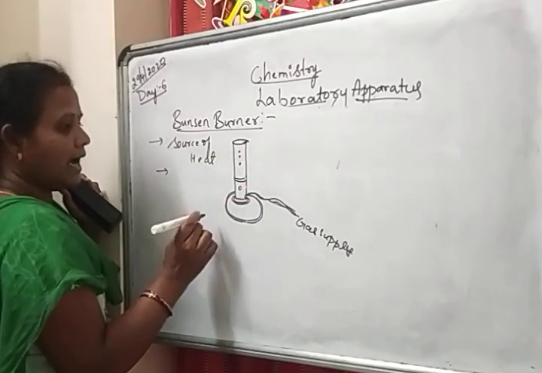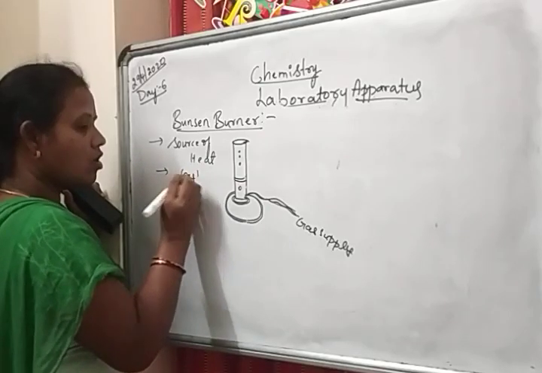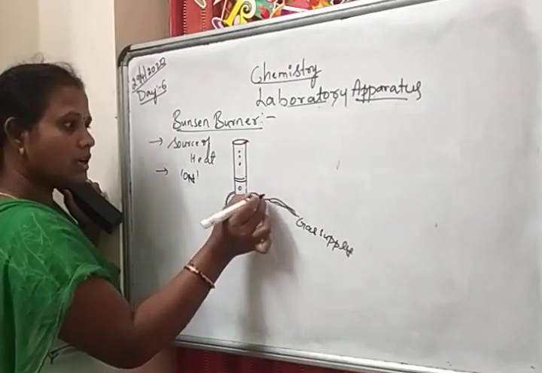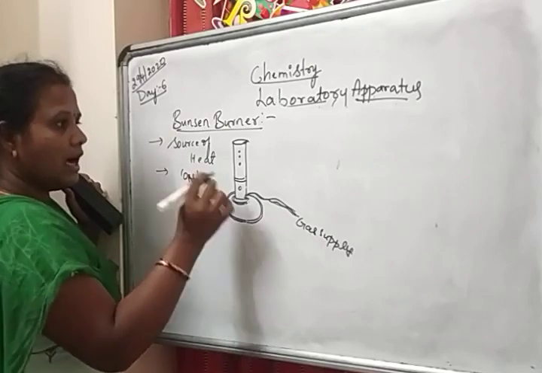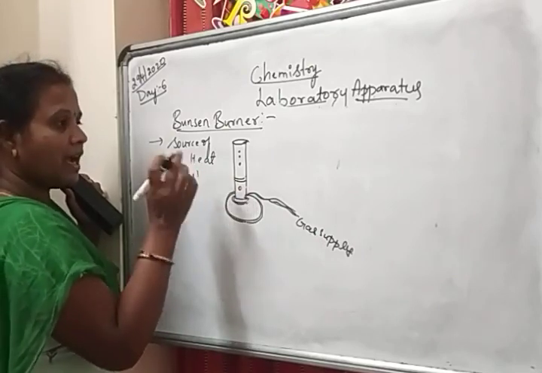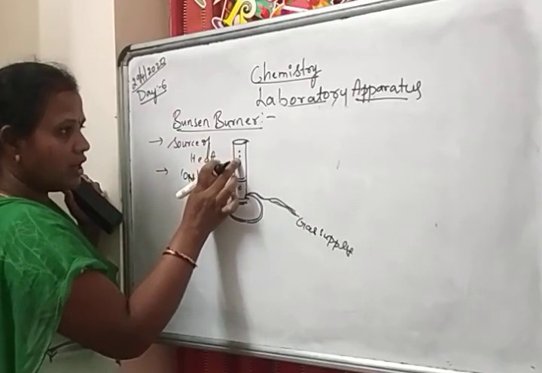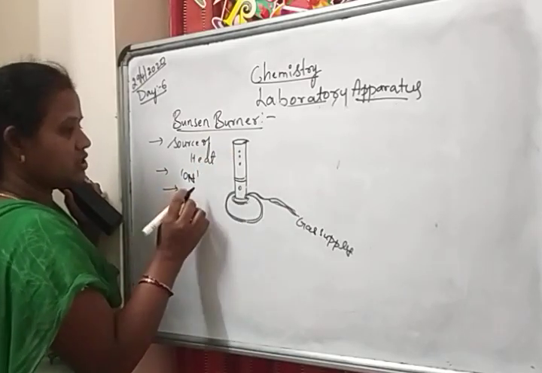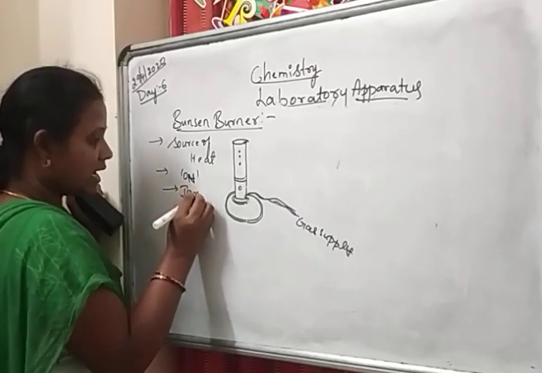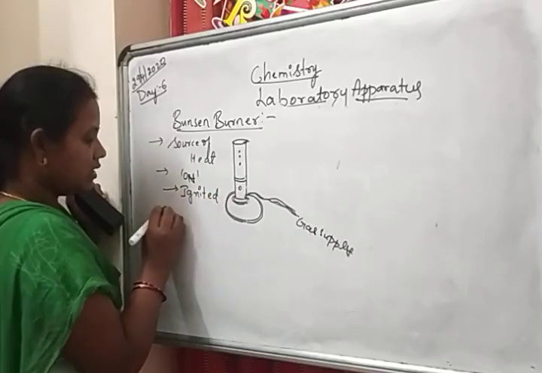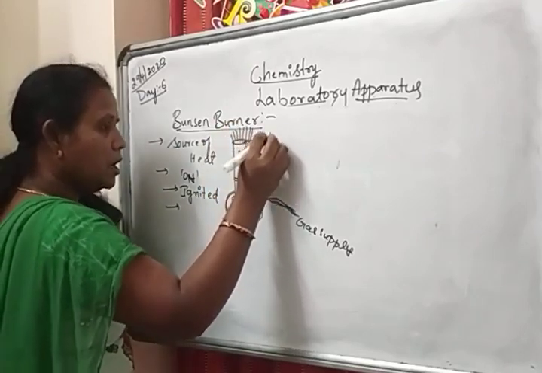When the gas supply is on, the gas enters through the gas pipe into the Bunsen burner with great pressure, and the air, that is the oxygen, rushes into the air holes. As a result, when both are mixed and ignited, that is, set on fire, the Bunsen burner burns with a blue flame.